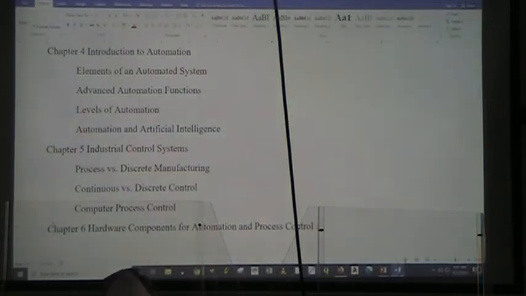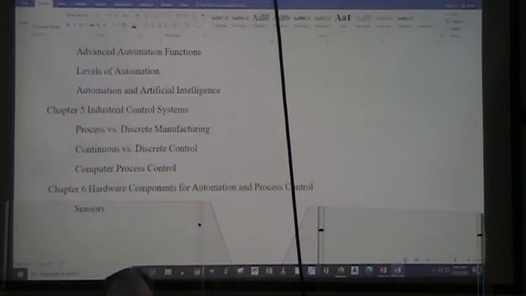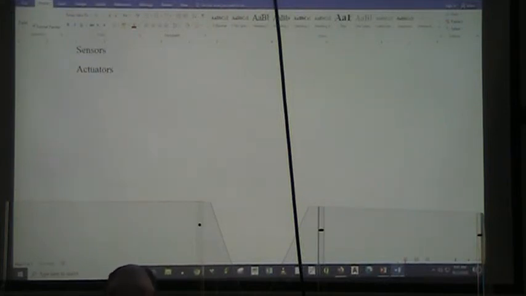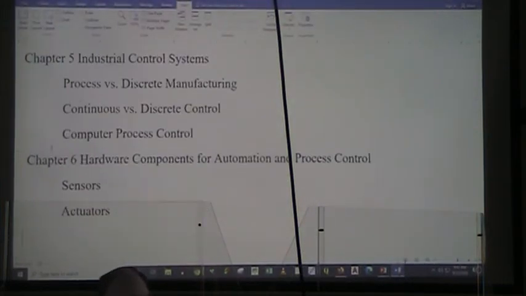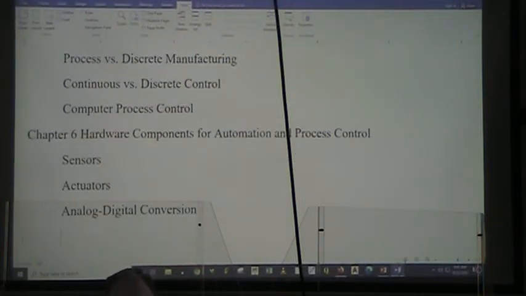Okay, so I want you to know a bit about sensors, actuators, analog to digital conversion, and digital to analog conversion.